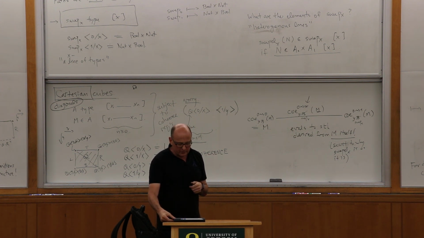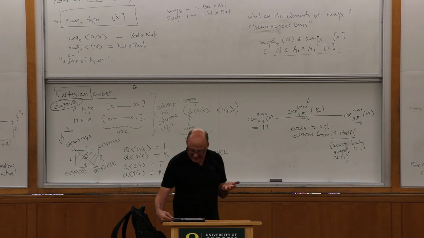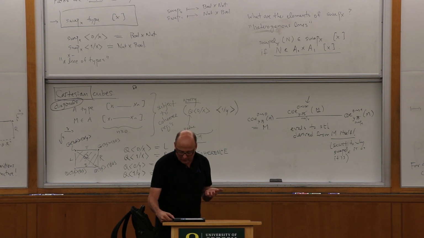So I'll mention that. Okay, so that's the state of play, and very absurdly advanced type theory in some respects. If you ask me what is it all good for, well, I don't have a good answer for you.